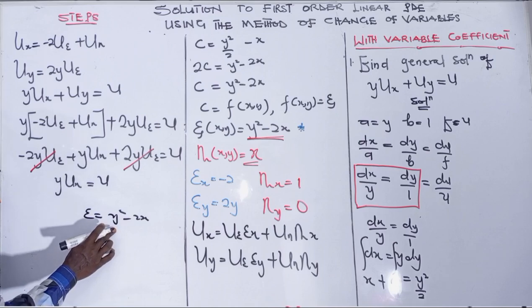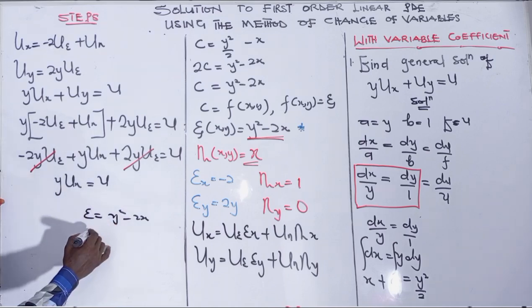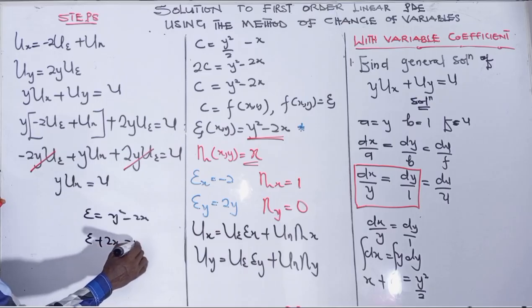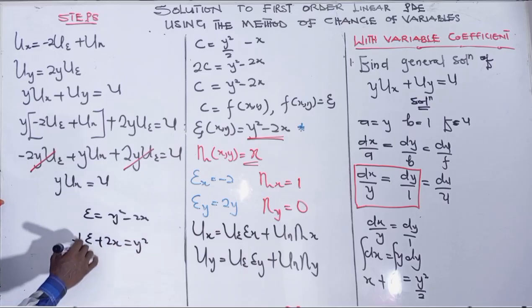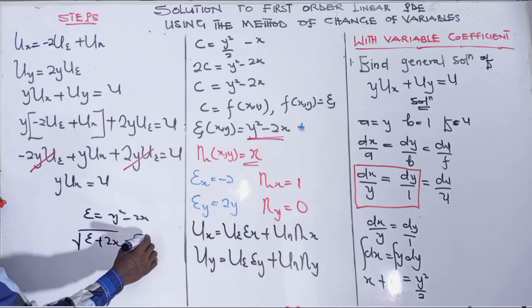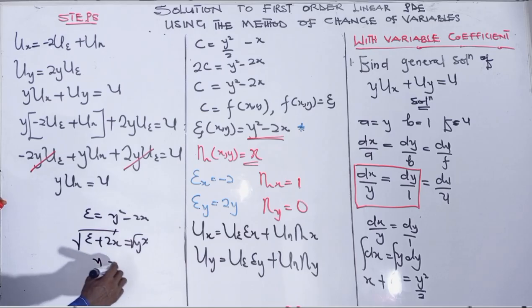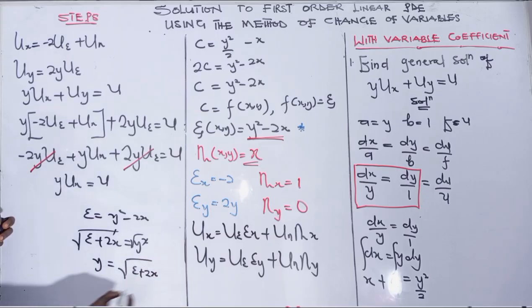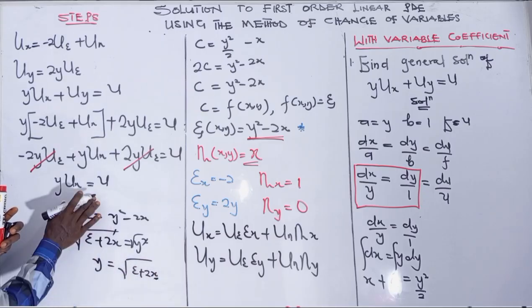We want to make y the subject, right? So we can have xi plus 2x is equal to y squared. So when we take the square root on either side, we are going to have our y is equal to the square root of xi plus 2x.